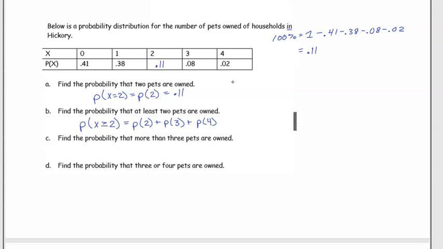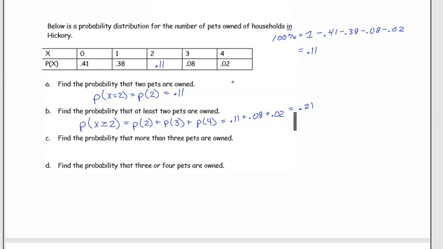We don't have a probability associated with more than 4 pets. So the probability of 2 is 0.11, the probability of 3 is 0.08, and the probability of 4 is 0.02. If I add those together, I get 0.21. So there's a 21% chance, based on this data, that a household owns at least 2 pets, which means 2 or more.